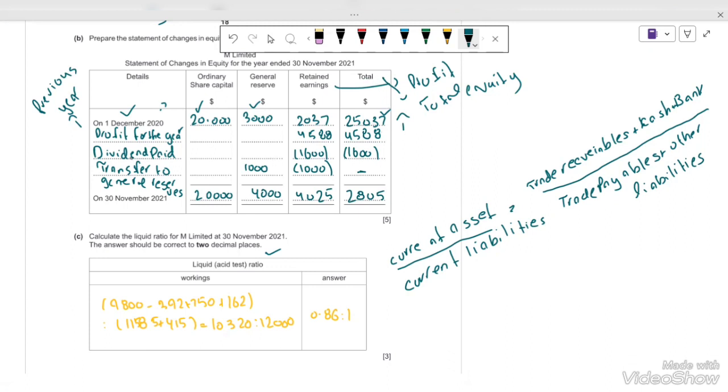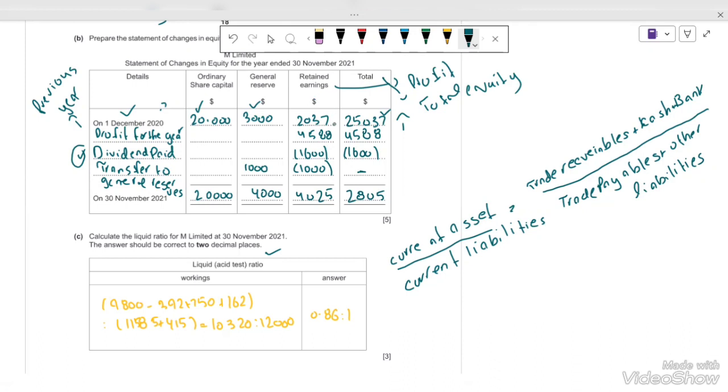Okay. So after that, we have seen that there is one more piece of information about the dividend. Not in the trial balance, but in the additional information, that dividend has been paid by the limited company. And you know that if a dividend is paid by a company, it will decrease your retained earnings.